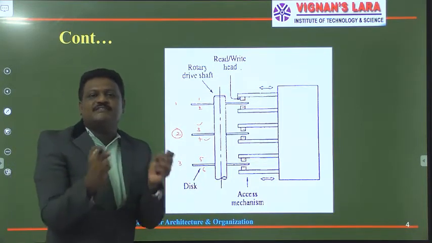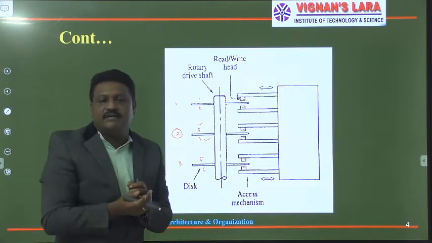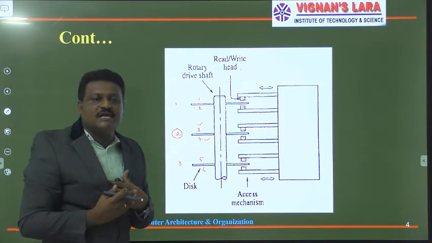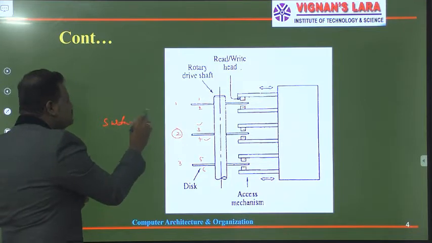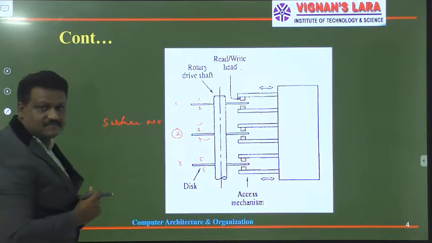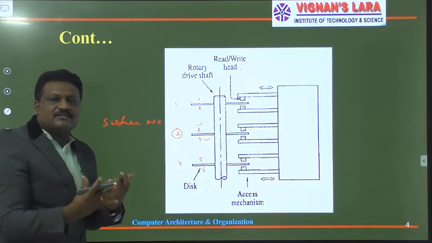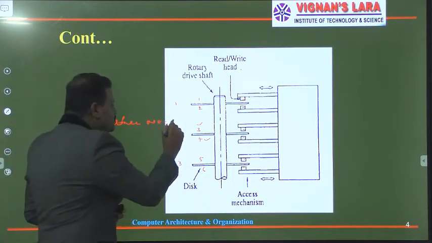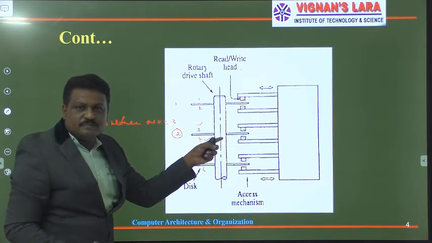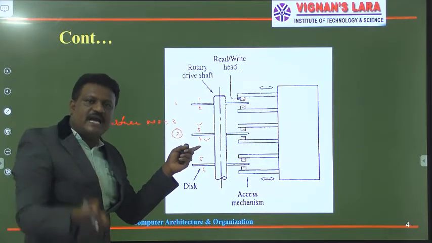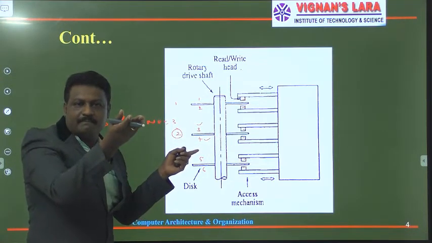In order to access information from any particular disk, I have to give the surface number first. For example, I would like to access information from surface number 3. Then I can straight away go to disk number 2, because only disk number 2 has surface number 3.